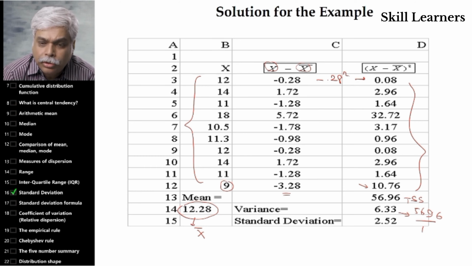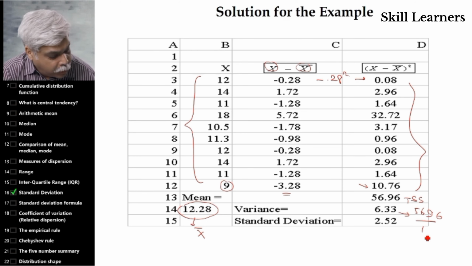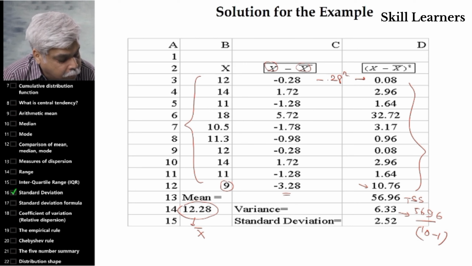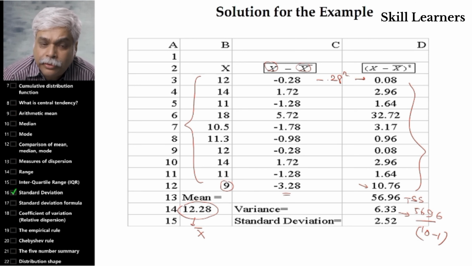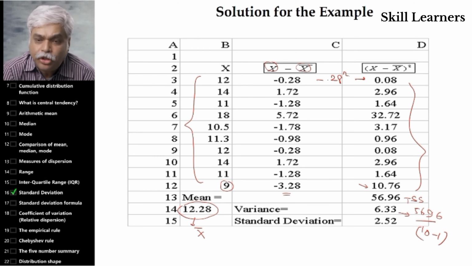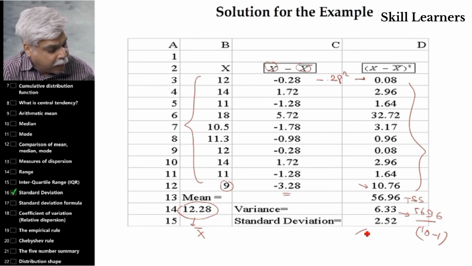But I don't. What I do is I divide by 10 minus 1, which is 9. So 56.96 divided by 9 is 6.33. This is the variance. What is the standard deviation? The standard deviation is the square root of 6.33.